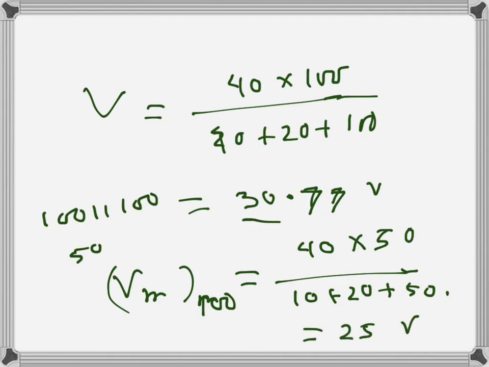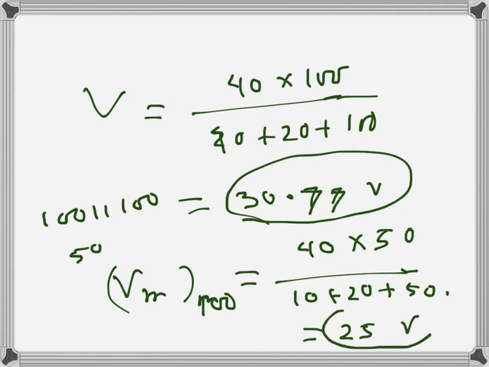So we can see that this time the voltage that the voltmeter will measure is much less than the actual voltage. This is 30.77 and this is about 5 volts less, and in terms of percentage this is also significantly less.